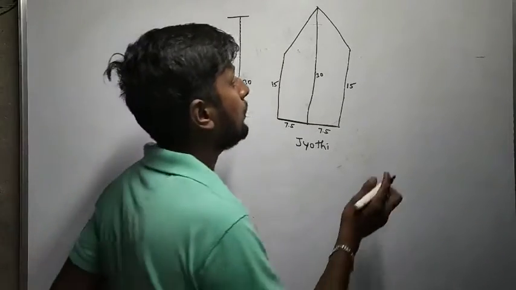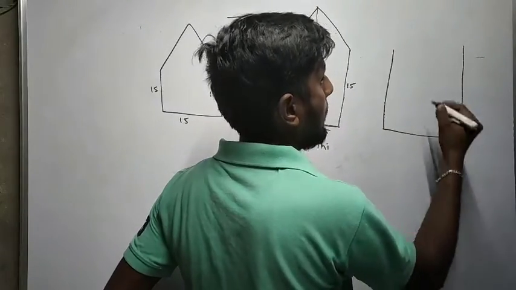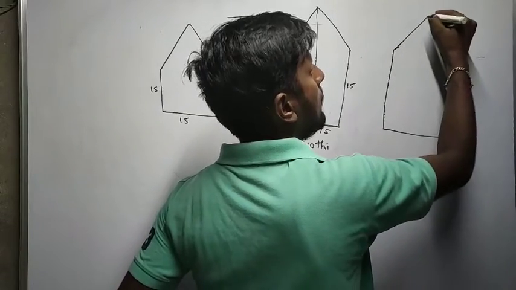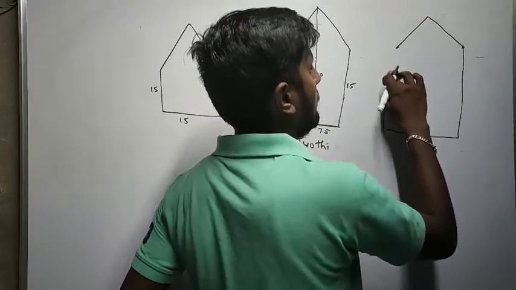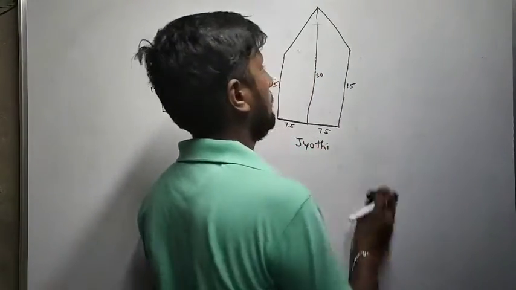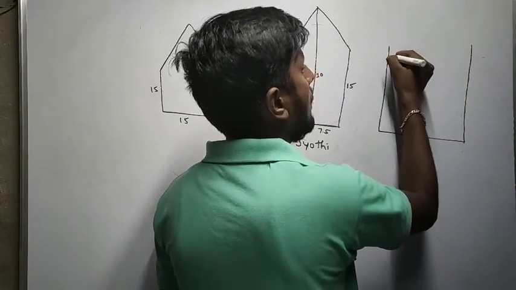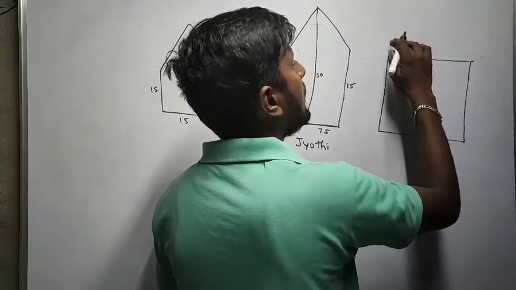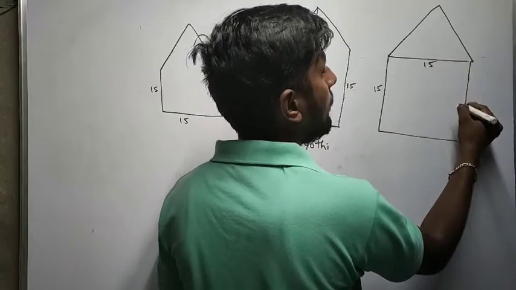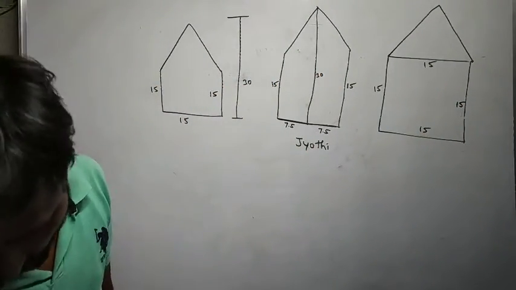Next, Rashida, one more girl. What did Rashida do? Rashida divided it into two parts, 15, 15, 15, and here also 15.